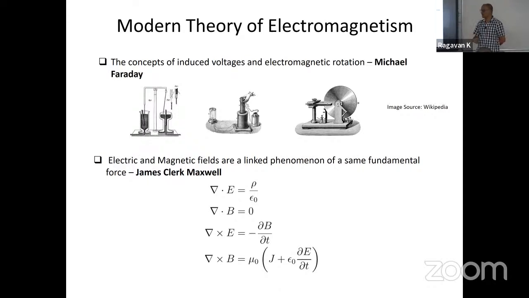You can also have an electric field propagating that produces a curling magnetic field around that changing electric field. These are simple interpretations of these equations. These are the fundamental equations that were proposed about a century ago.